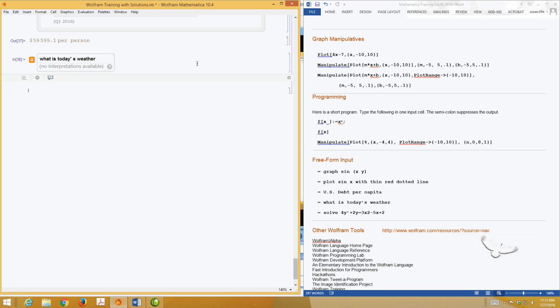So what is equal sign? What is the Houston weather?